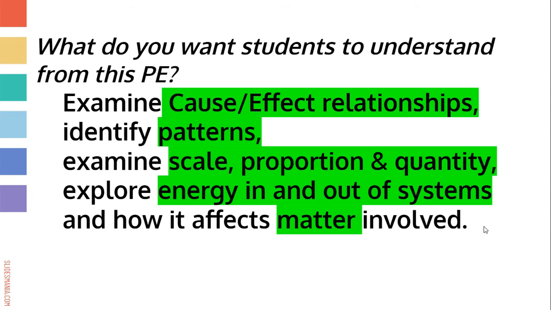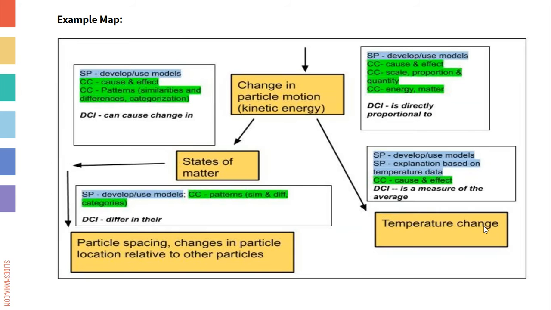We also want them to understand cause and effect relationships by examining them and identifying patterns and looking at scale, proportion, and quantity, and looking at energy and how it moves in and out of systems and how it affects the matter that's involved. And you can see that in the green parts there that are highlighted, and what parts of the content go with those particular concepts best.